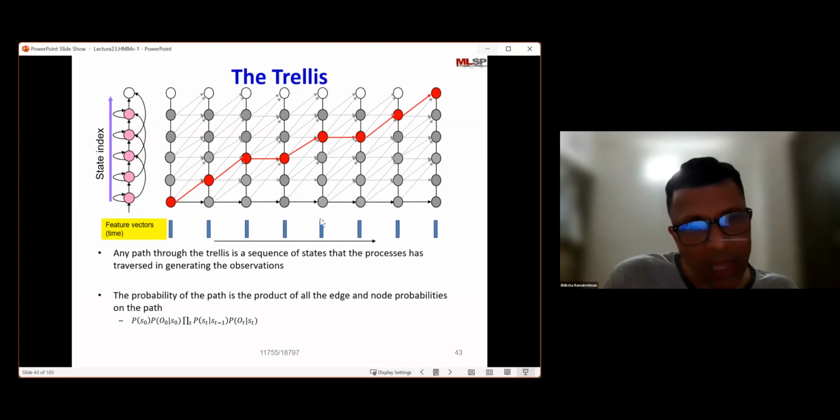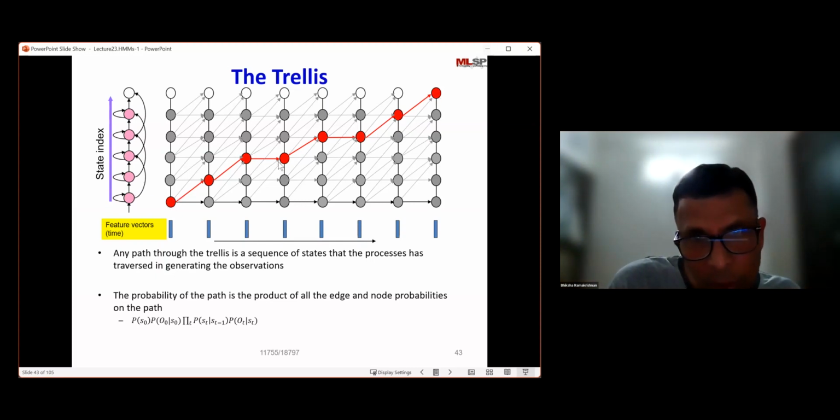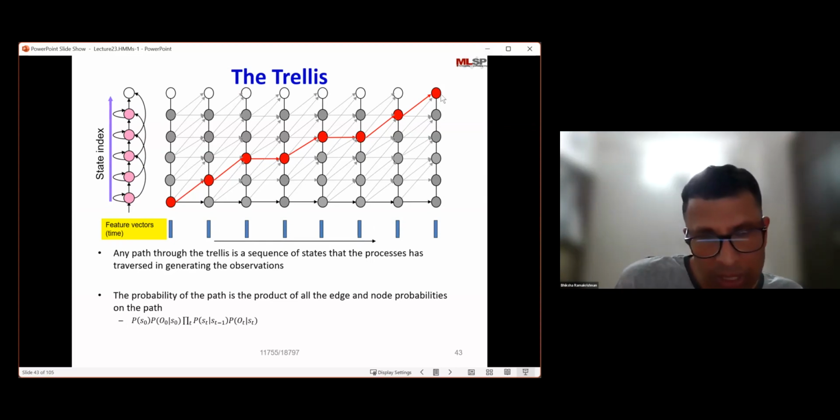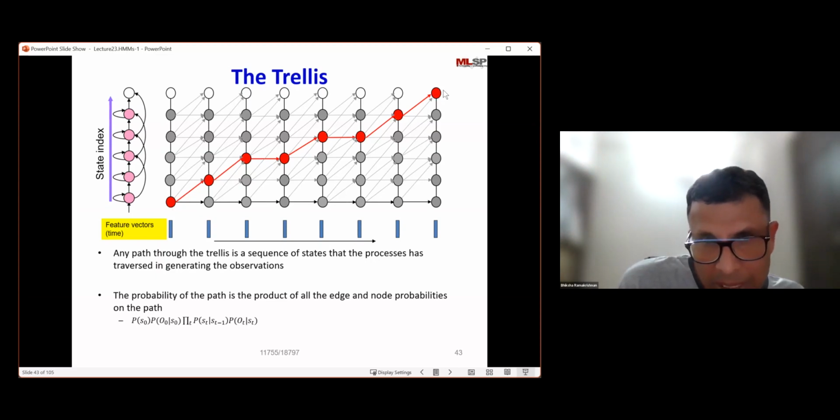Okay. So now the probability of a particular path. Now a path over here represents a combination of a state sequence and an observation sequence. So the probability of any particular path through this trellis is going to be the probability of the state sequence times the probability of the observation sequence given the state sequence.